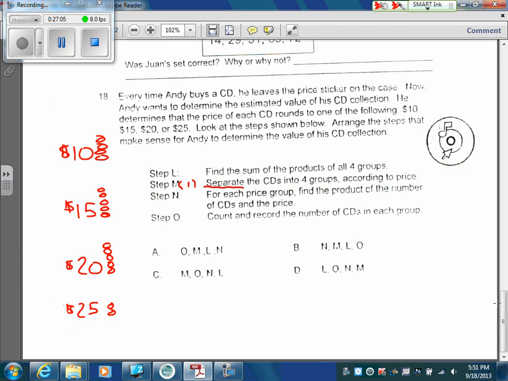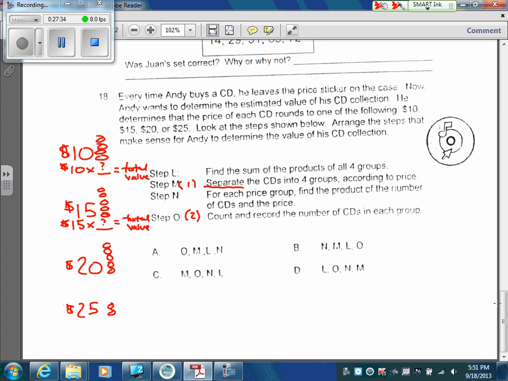How many do I have in the 20 group? So I'm going to have 10 times some number to give me total value in the $10 group. Then I'm going to multiply 15 times whatever number total to find total value of the $15 group. I'm going to do the same to 20 and 25. So that's step O. I've got to first count up, well, how many do I have in each?